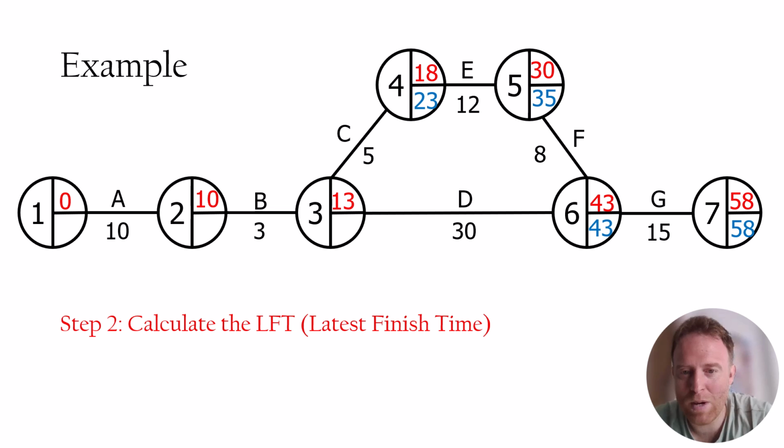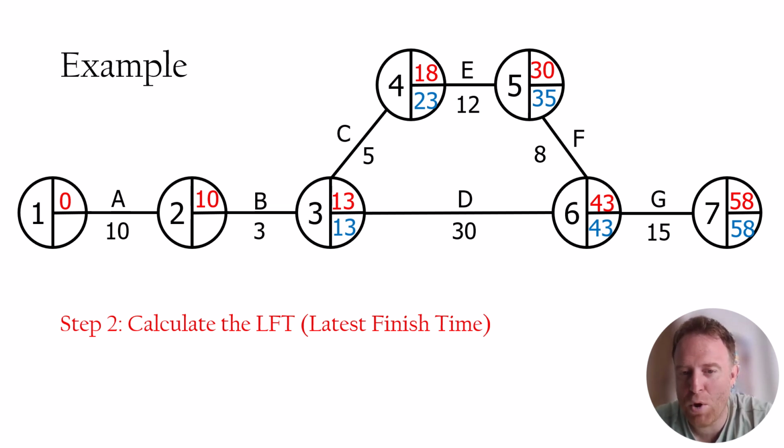So again, as you'd expect, node 4 also has flexibility, and then when we get to C, we do have to take into account D as well. So, for example, I'm going to use activity D of 30 because if I finish that node 3 any later than 13 days, then D is not going to be completed on time for me to start node 6 on 43 days.